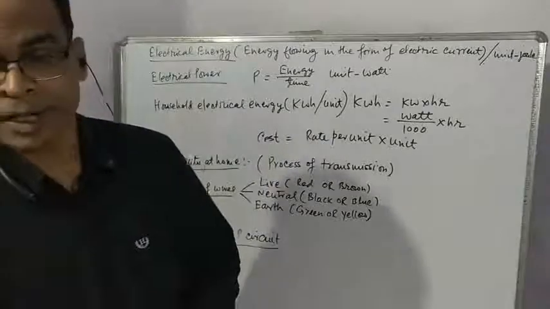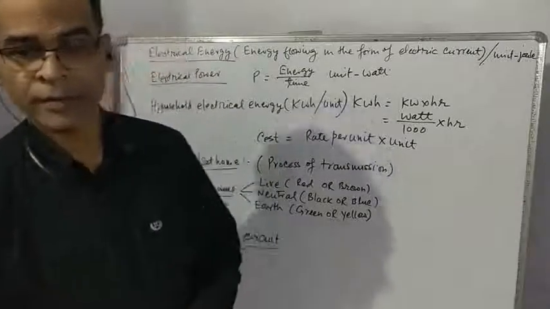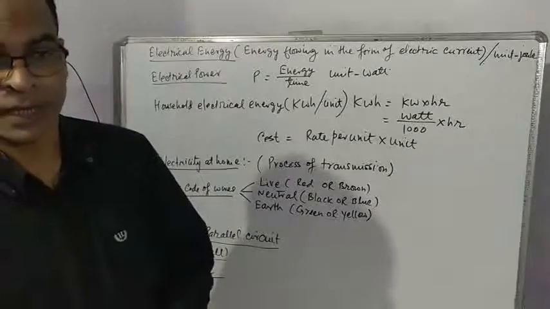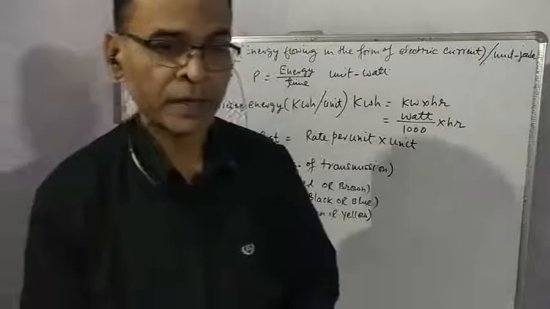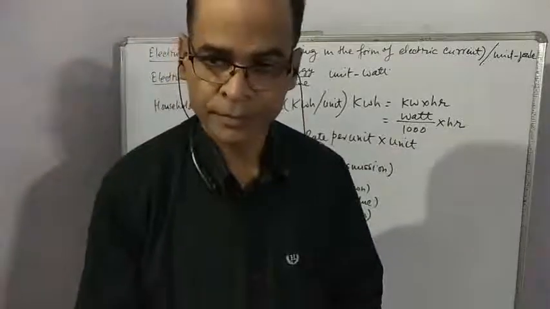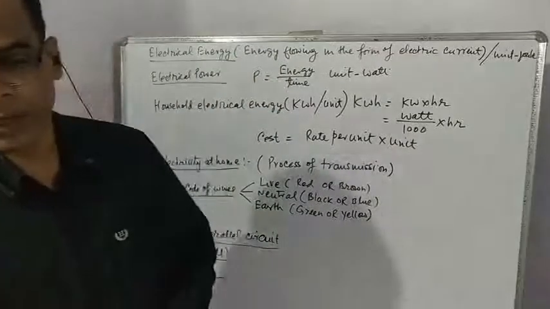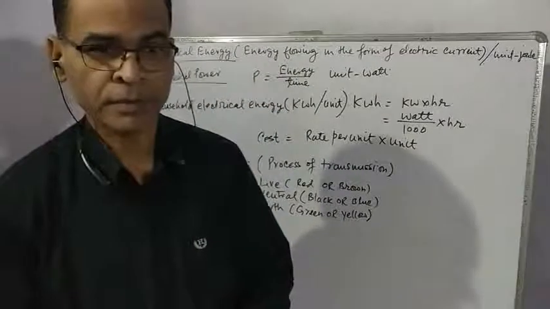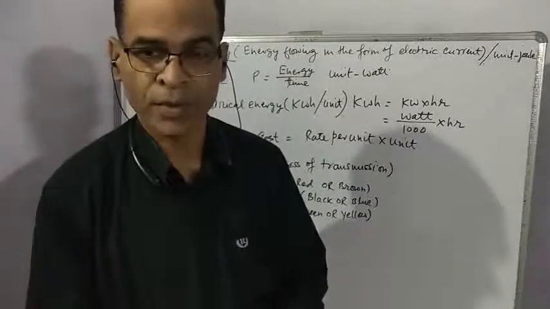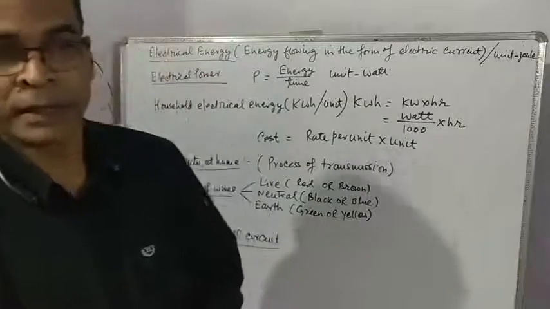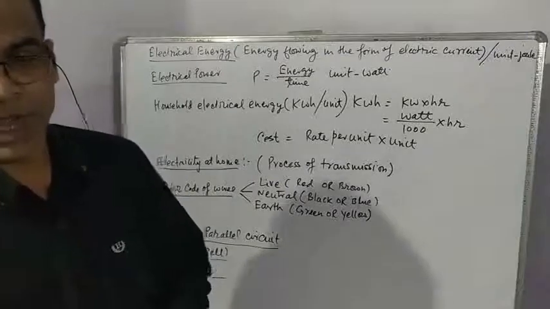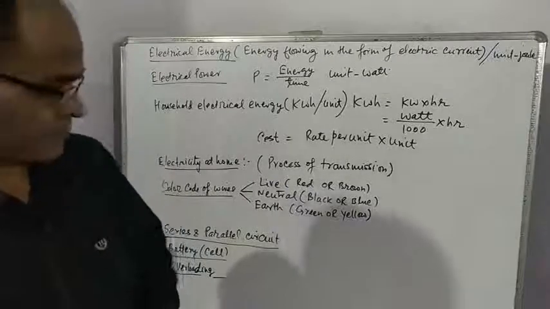This electricity is transmitted at very high voltage to minimize loss of electrical energy. When this high voltage electricity reaches your town, using a transformer, it is stepped down, meaning it is brought to a low, usable voltage, that is 220 volts, and then it is supplied to your houses. So this is the basic idea of transmission of electrical energy.